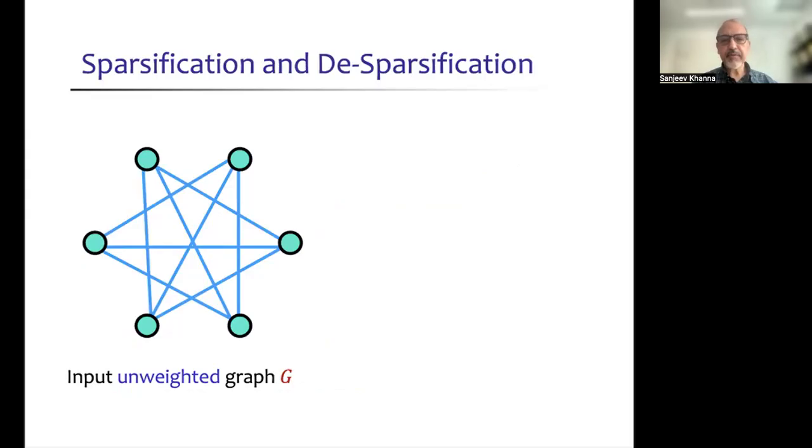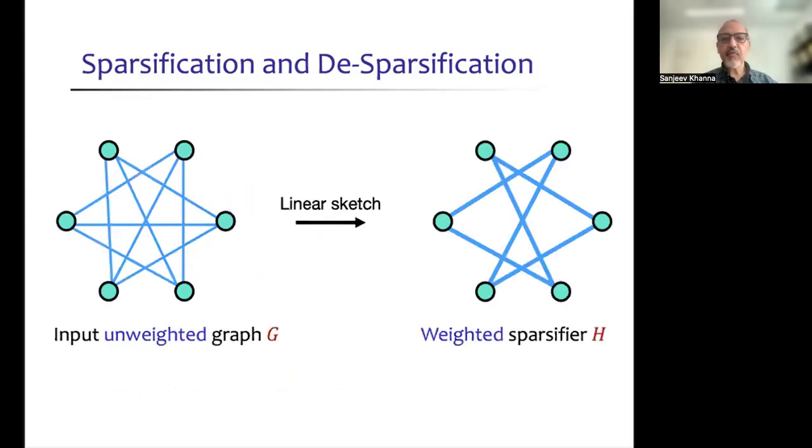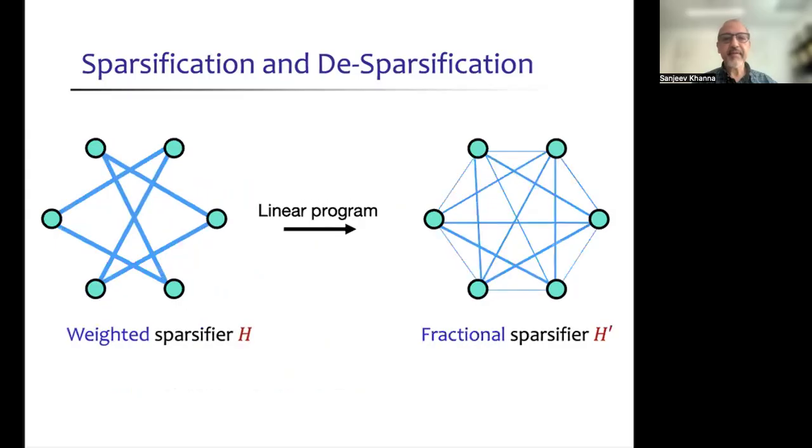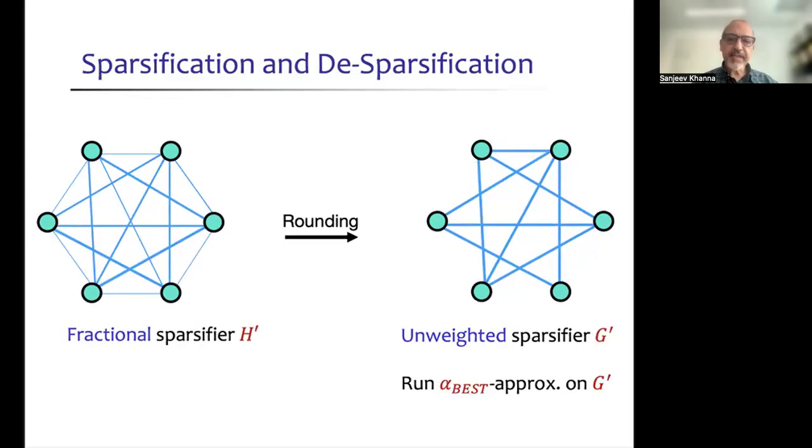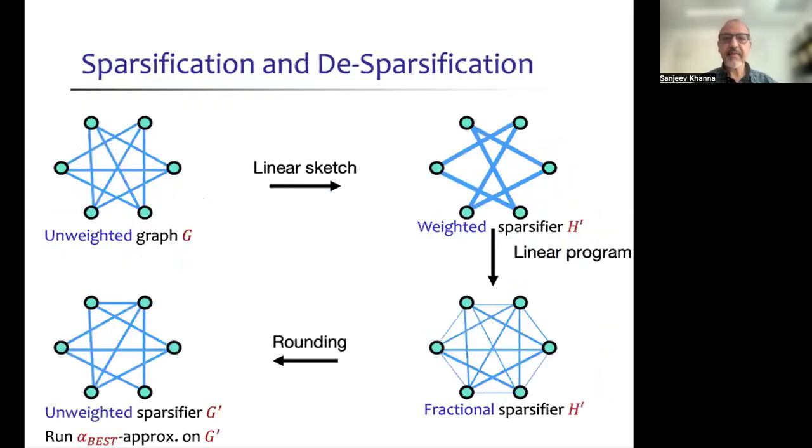We start with the input unweighted graph G. We then use a linear sketch of size n polylog n to create a weighted sparsifier H. Then in the post-processing of the linear sketch, we solve a linear program in polynomial time to create from H a weight-preserving fractional cut sparsifier H prime with the same edge mass as H. And finally, we round H prime to create an unweighted sparsifier G prime of the original graph G. We can now run the alpha-best approximation algorithm on G prime to recover a solution for the original graph G with an identical approximation ratio. So here is the entire process summarized in one picture.